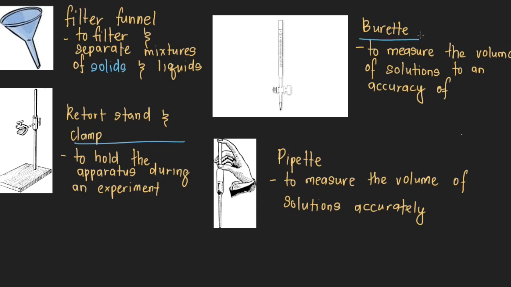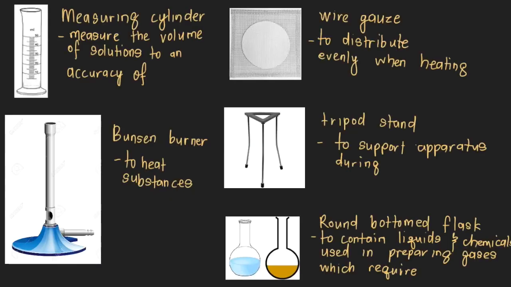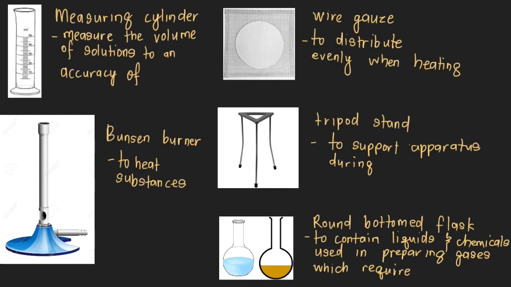A burette is to measure the volume of solutions to an accuracy of 0.1 cm³. A pipette is used to measure the volume of solutions accurately. A measuring cylinder is used to measure the volume of solutions to an accuracy of 1 cm³.